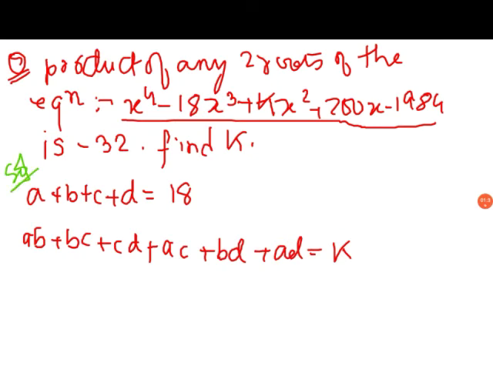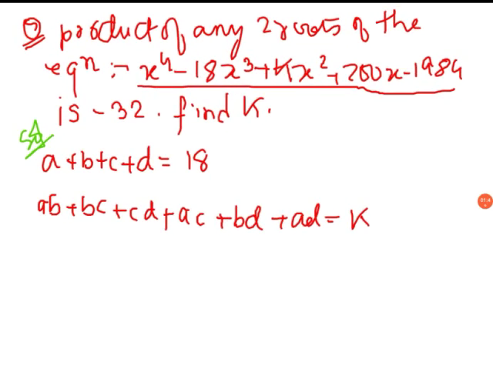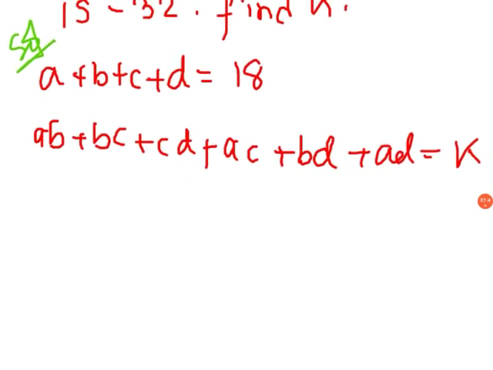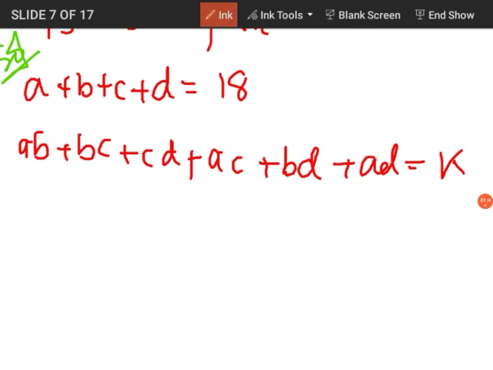Now what will be the next relation between the roots and the coefficients? That is taken three at a time, right? Up to this much I think everybody is okay.